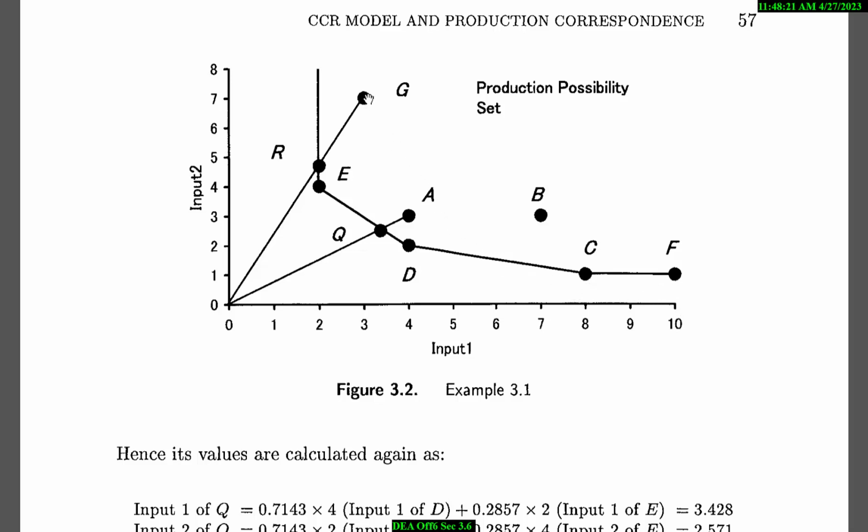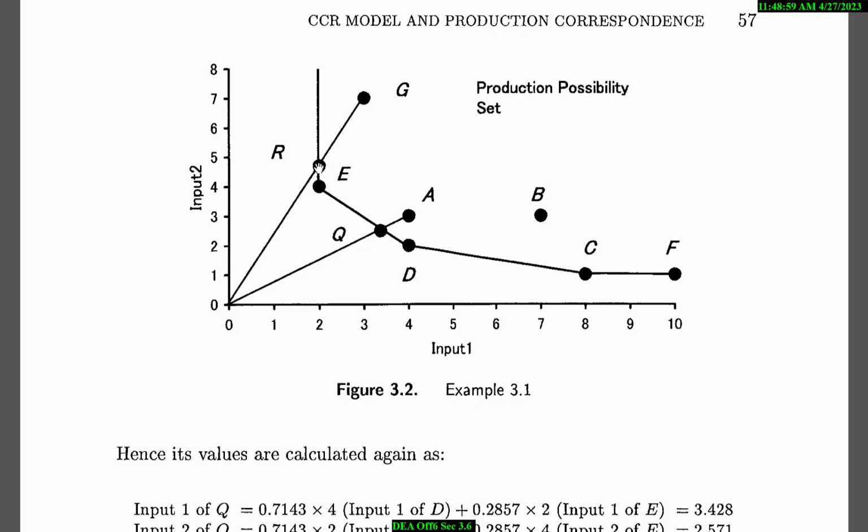For G, as you can see, if we reduce both inputs, we can find this point named R. R has fewer inputs compared with G in both inputs, and the inputs are reduced simultaneously by the same ratio.